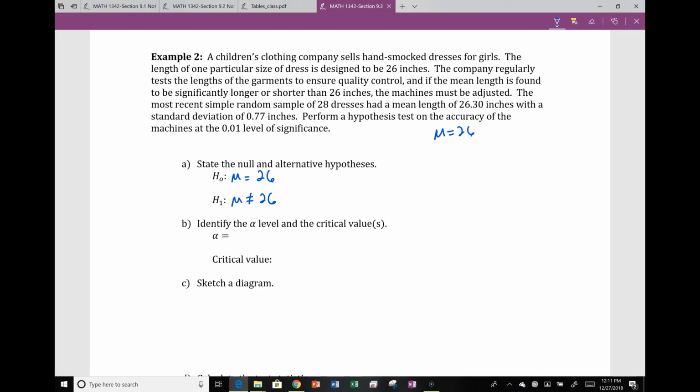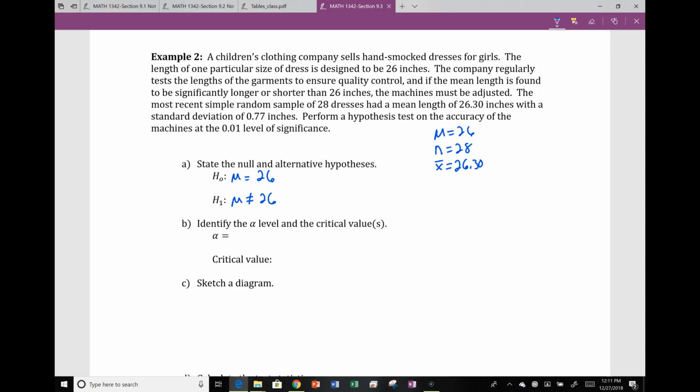The most recent simple random sample of 28 dresses, so N is 28, had a mean length of 26.3, so the sample had a length of 26.30 with a standard deviation of 0.77 inches. Now it does state that there is a standard deviation, but it does not state that this is a population standard deviation.